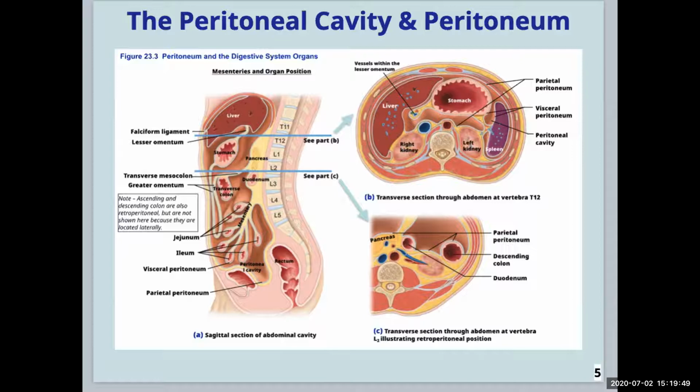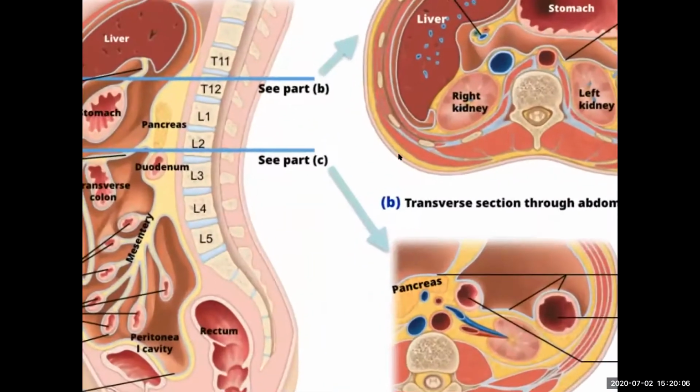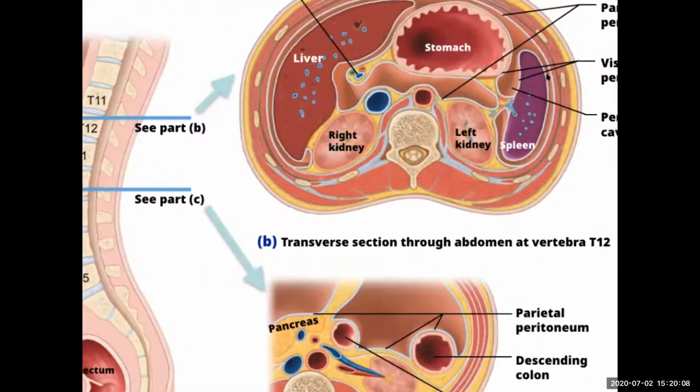Now, there are some digestive organs that lack a mesentery, and so they are fused to the posterior body wall. These are known as retroperitoneal organs. Okay, and here, let me show you an example.